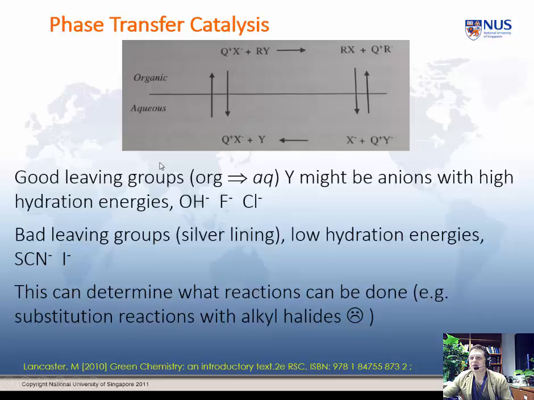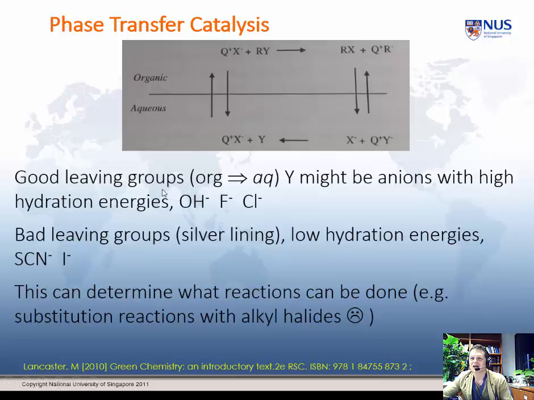So effectively what you're doing is you're moving the reaction space from, for instance, an aqueous to an organic solvent or vice versa, and you're using a so-called phase transfer catalyst to affect that transfer.